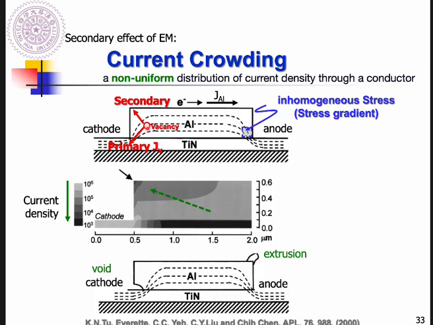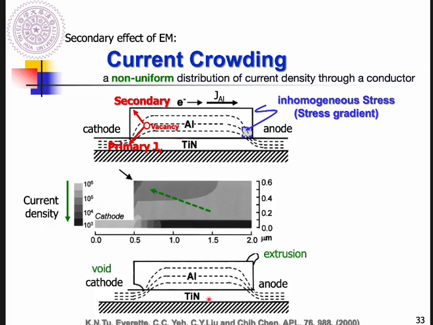Electrons don't like that, so they keep pushing them somewhere, and that somewhere is along the gradient of the current density. The primary vacancy flux still goes this way; just some of the vacancy flux moves along the current density gradient to this region.